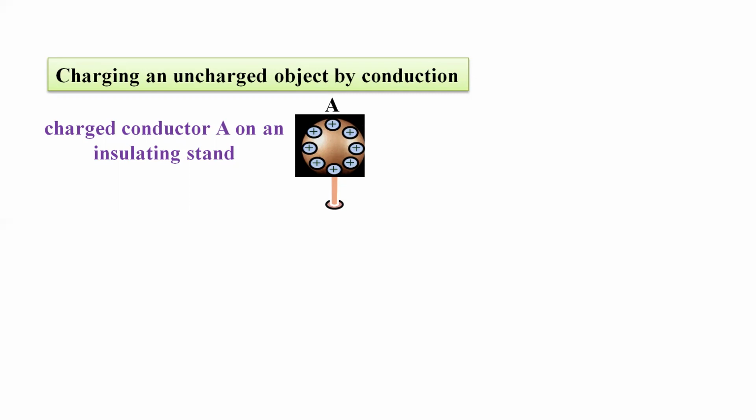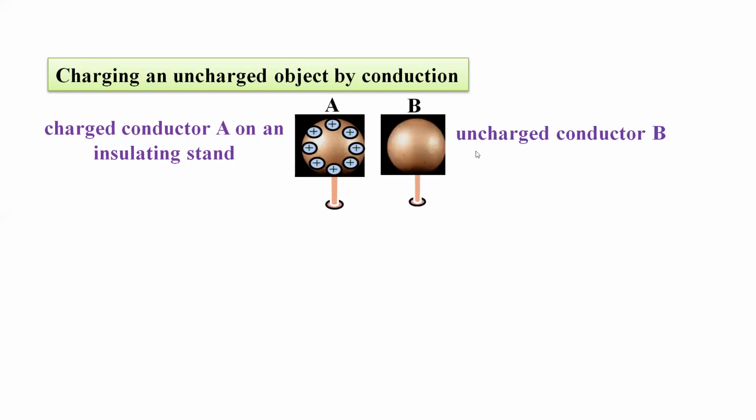Now let's understand with an example, charging an uncharged object by conduction. We have a charged conductor A on an insulating stand. Now I bring an uncharged conductor B. You can see that conductor A is positively charged, and conductor B does not have any kind of charge.